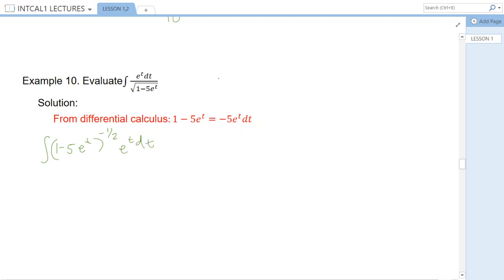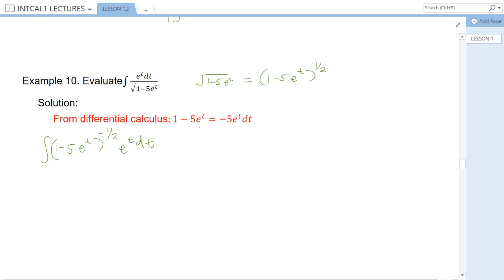Okay, class, don't forget that the square root of 1 minus 5 e raised to t, sorry, that is supposed to be positive. So that is also equal to 1 minus 5 e raised to t raised to 1 half. So if we are going to make that a numerator, that will become raised to negative 1 half if we are going to get the reciprocal for that.